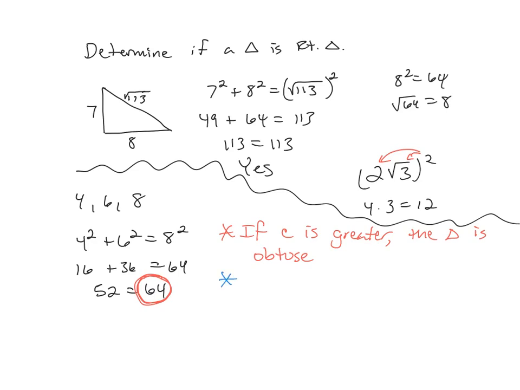Okay, if C is smaller, the triangle is acute. It'll mean all the angles in the triangle will be less than 90 degrees.